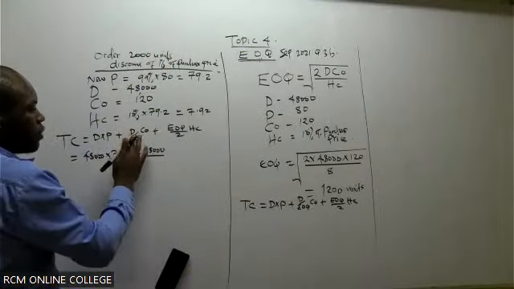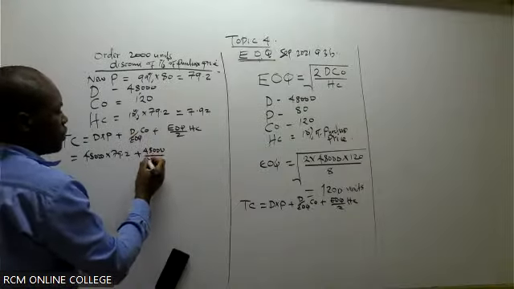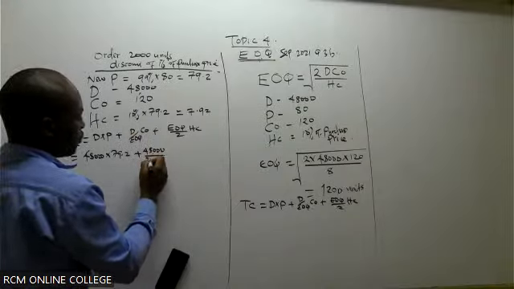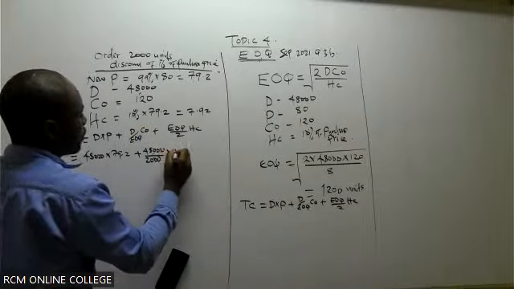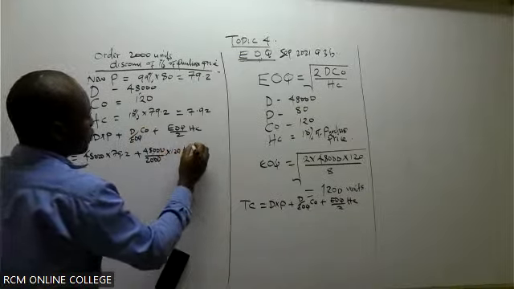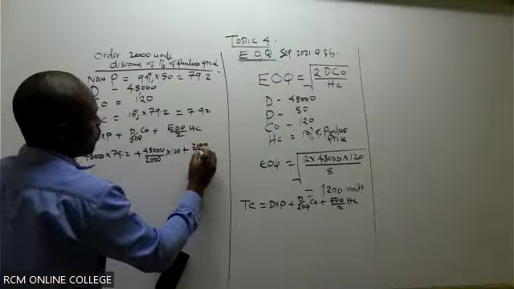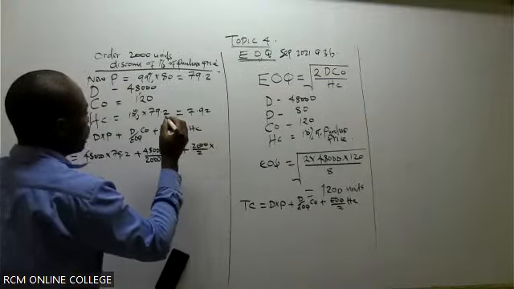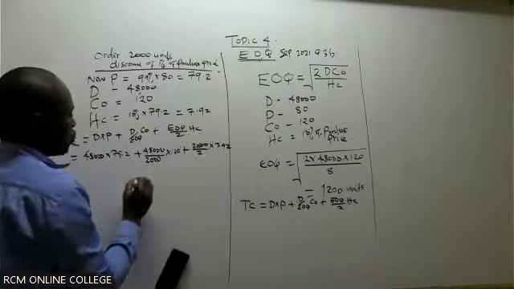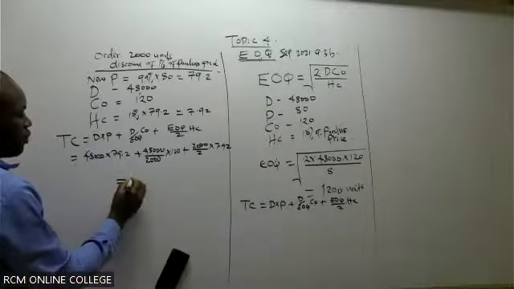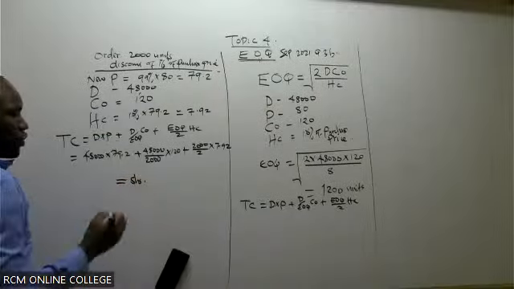You can either put demand over Q or even economic order quantity. That will still work out for you. Times ordering cost, which is 120, plus 2,000 divided by 2, then you multiply by holding cost, which you've given me as 7.92. If that is worked out, you should be able to arrive at the total cost.